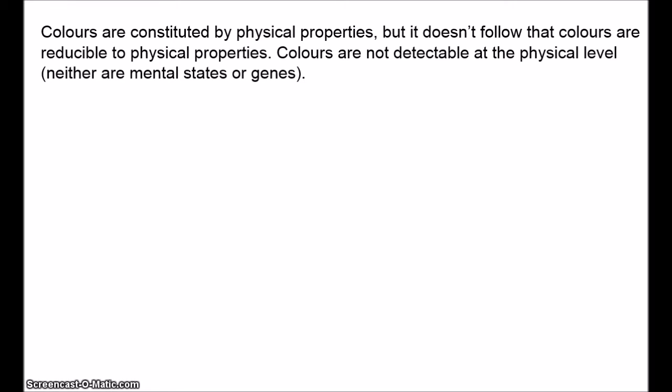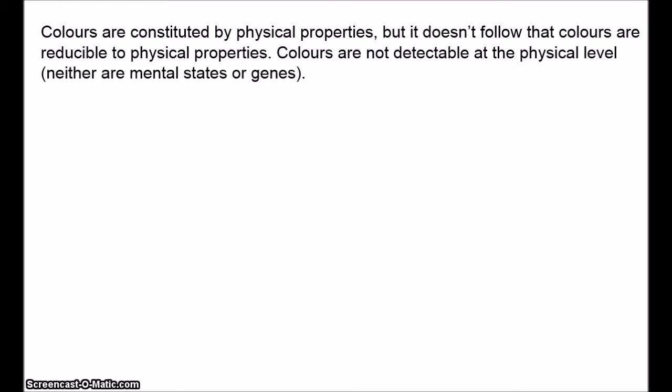We shouldn't be surprised about this because the same is true for many other properties, such as mental states and genes. We can't test for the presence of genes by just looking at sequences of DNA or other processes in the cell. We have to consider a wider context, the context of the whole organism and how traits of the organism relate to traits of its ancestors and descendants, and then link that to what's going on at the molecular level.